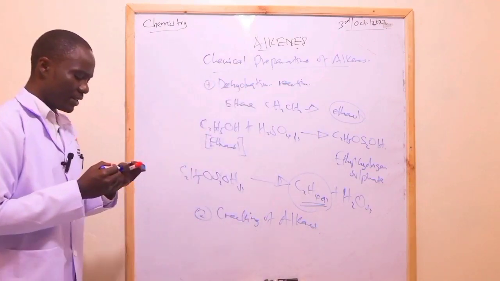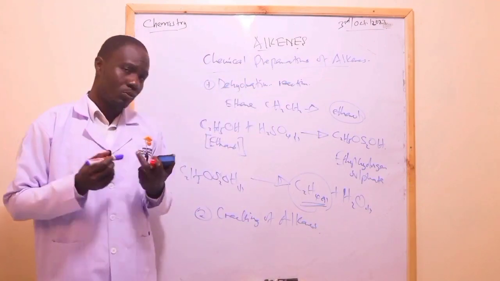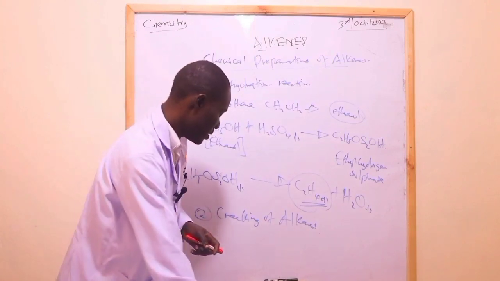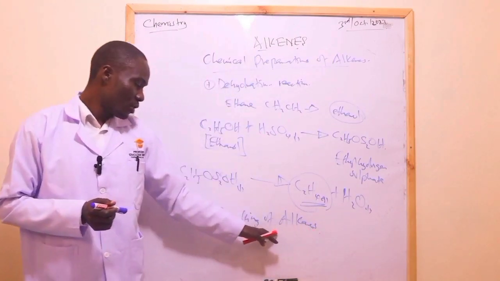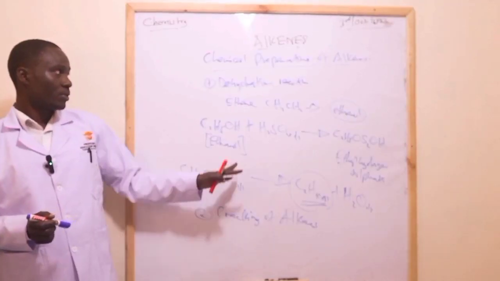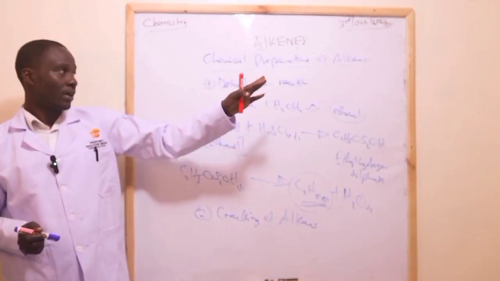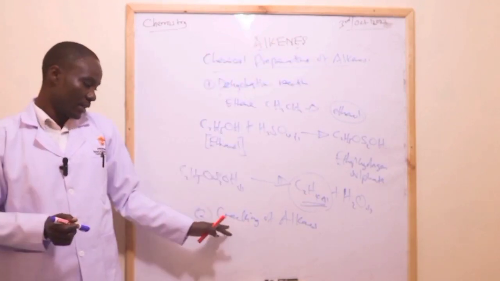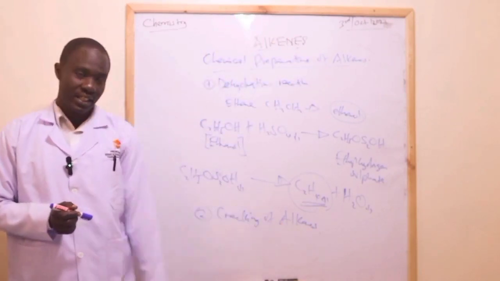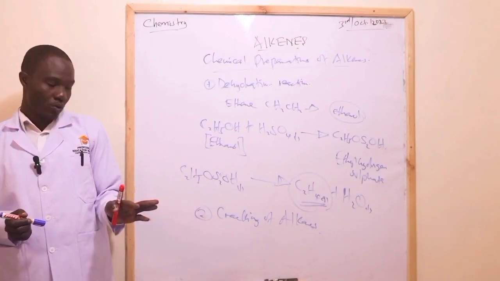Now, in cracking, there are two methods. The second way in which you can chemically prepare members of alkenes is by cracking. In cracking, there are two methods.